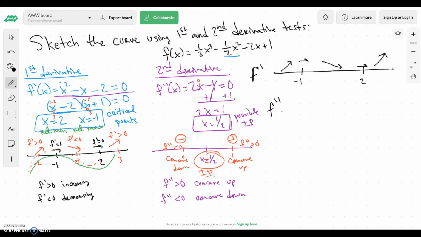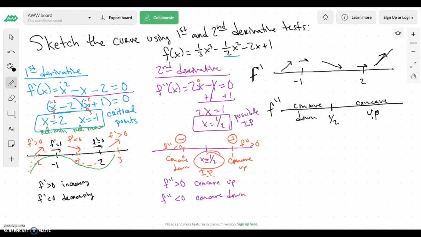For f double prime, I know that I have x equals 1/2, which is around here. From over here it's going to be concave down, and over here it's going to be concave up. You can kind of see that the concavity is going downward and then it's going upward. So you can see all those points.